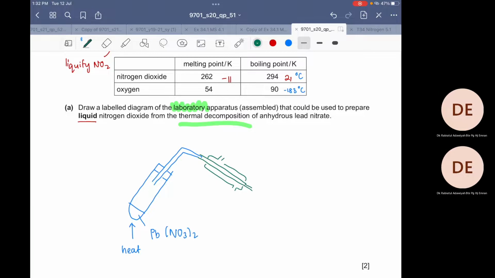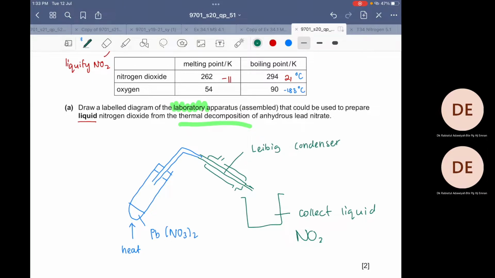You all know what a Liebig condenser is, right? Okay, so the Liebig condenser is special. Then you just have something to collect the liquid. Collect liquid NO2, and then this is a Liebig condenser, or just condenser is fine.